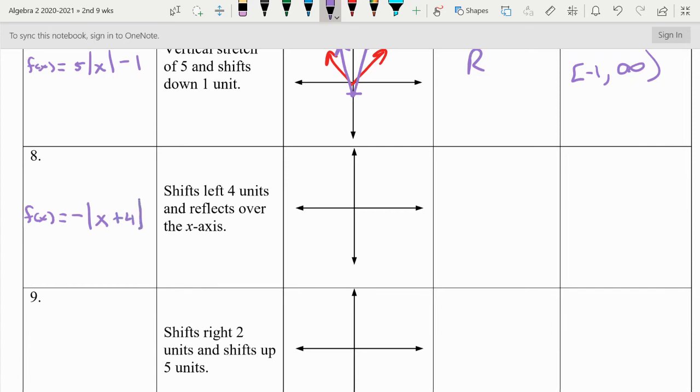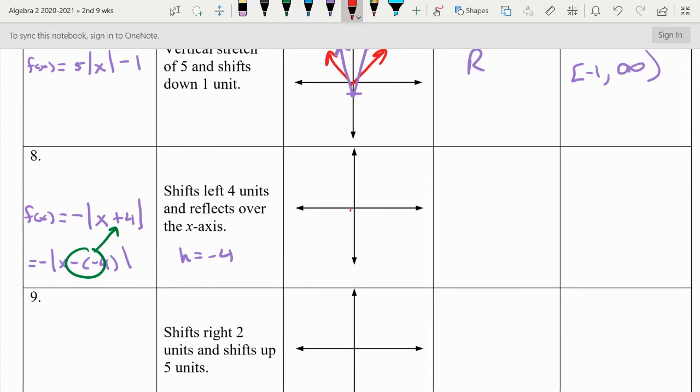From your transformation function, it would look something like negative absolute value of x minus a -4, because it moves left, because here h is -4. So again, these double negatives make that positive right there.